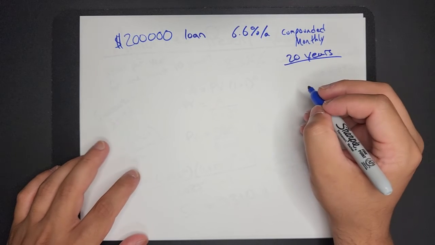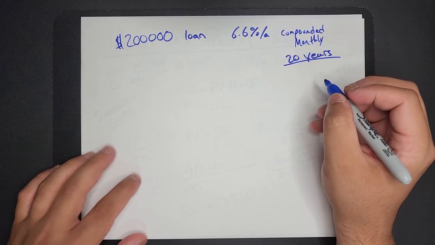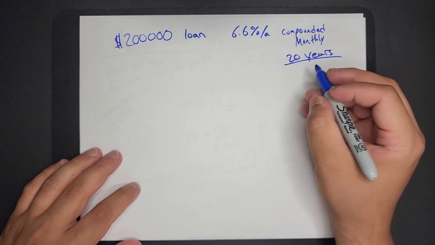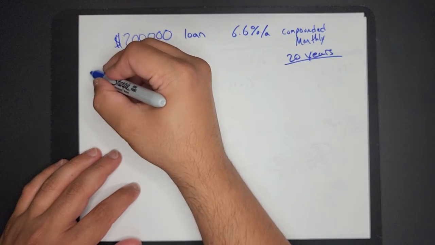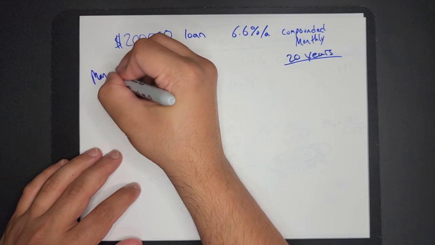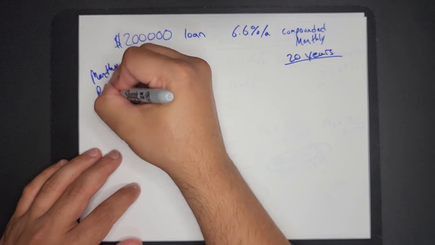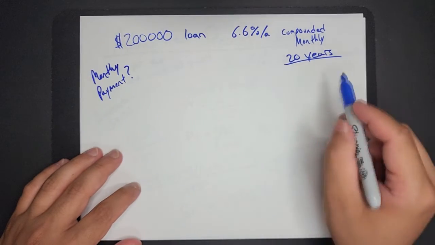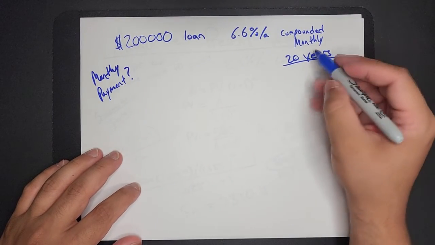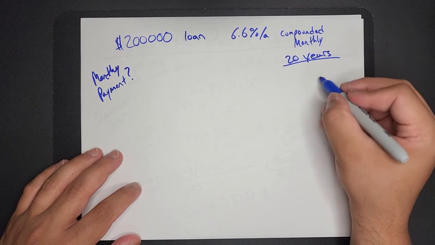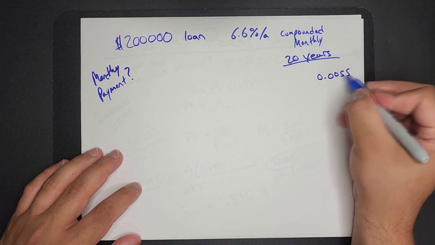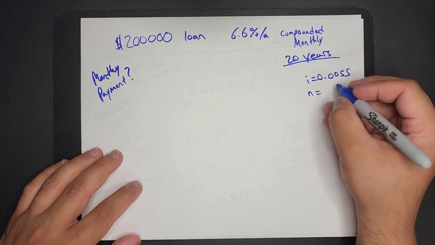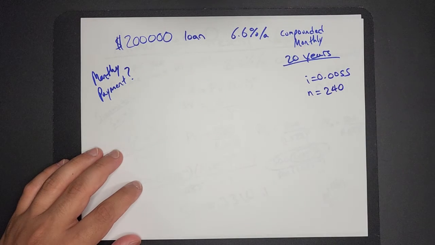I want to take this information and find out how much I'll be paying monthly. So let's start off with the interest rate compounding monthly. 6.6 over 12 should give me 0.0055, and my n value, 20 times 12, should give me 240.